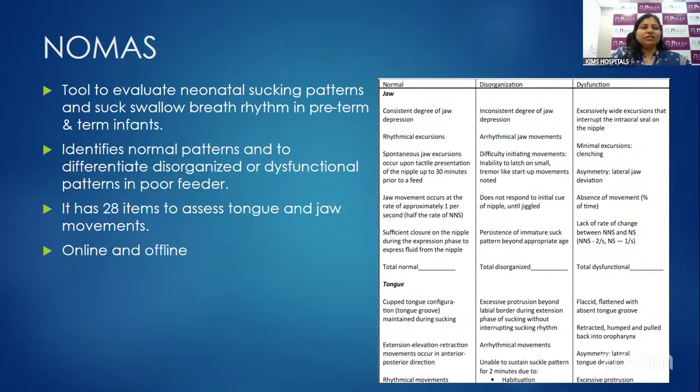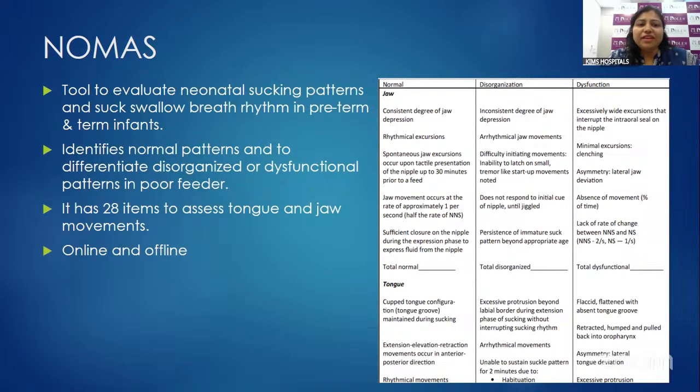And now this is the last tool which I'm going to explain. This is also a gold standard assessment which is used in the NICU, which is called NOMAS. You can get the certification online and offline both. It tells about the neonatal sucking pattern and suck, swallow, breathe rhythm in preterm and term infants.